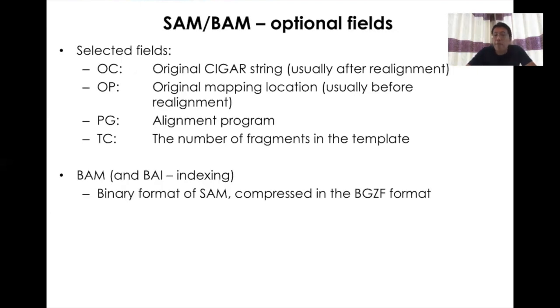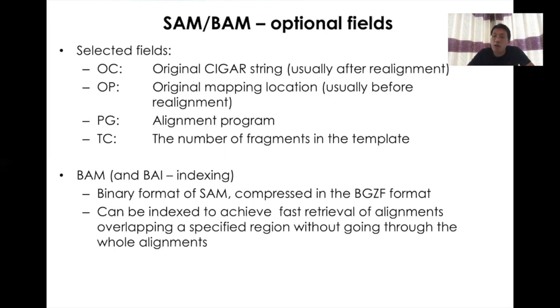Again, the BAM file is the binary format of the SAM file. So it is more compact, and it's easier to transfer, download, or store on your hard drive. And there's another very important feature: it's indexable. What that means is, let's say you have a very big BAM file, maybe 50 gigabytes.